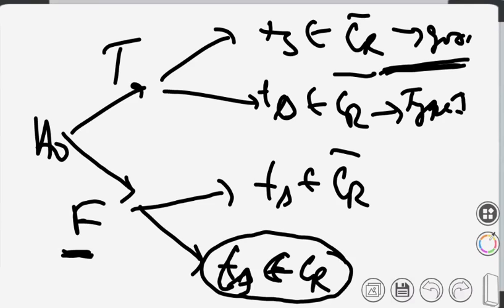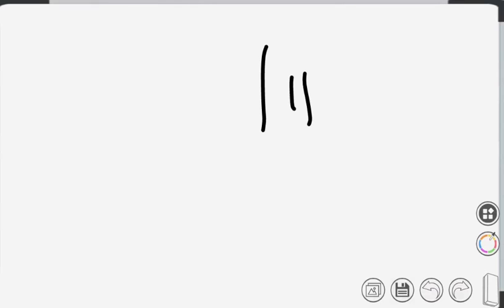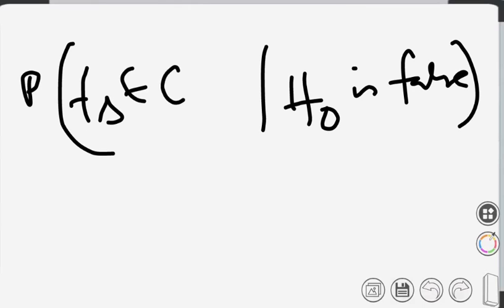So the null hypothesis is false, and if this is happening, what are we doing? We are rejecting the false null hypothesis. Is it good or bad? It is good, because here we are assuming the null hypothesis is false, and TS belongs to CR.